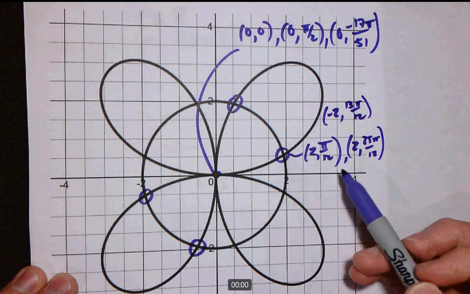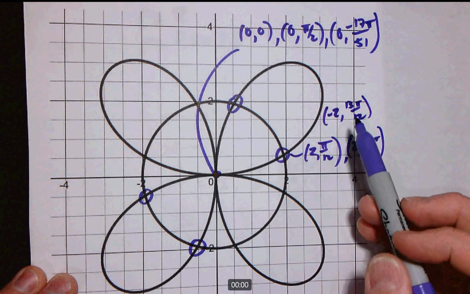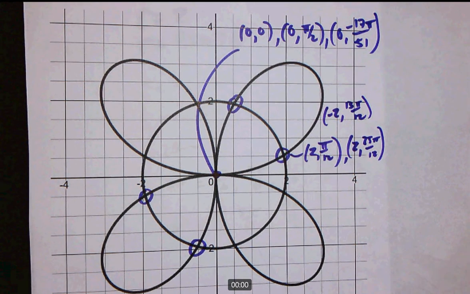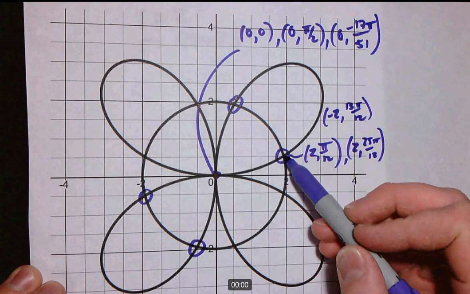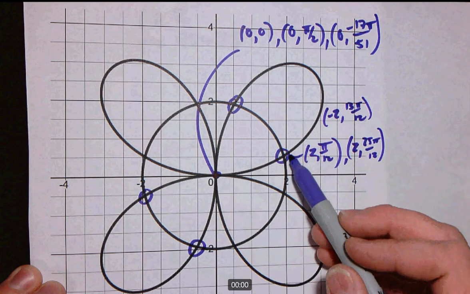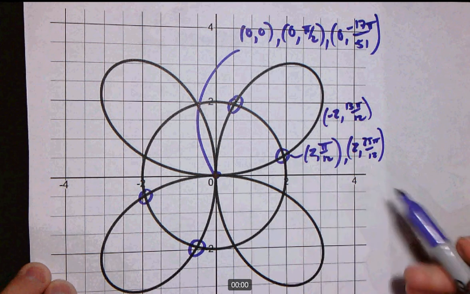So this point has infinitely many representations in polar coordinates. In fact, every point of the polar plane has infinitely many representations. And that makes finding intersections of two polar curves quite challenging, because this curve could pass through this point thinking it has one pair of coordinates, and this curve could pass through this point thinking that it has a different pair of coordinates, but it could be the same point.